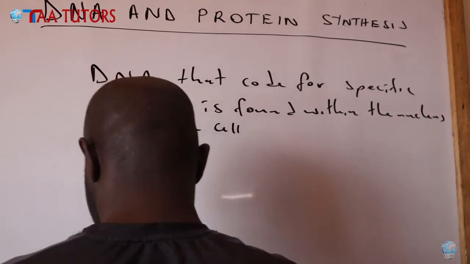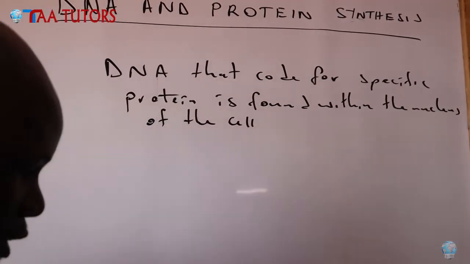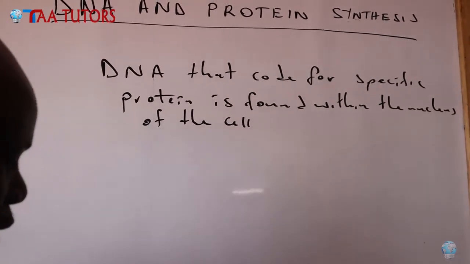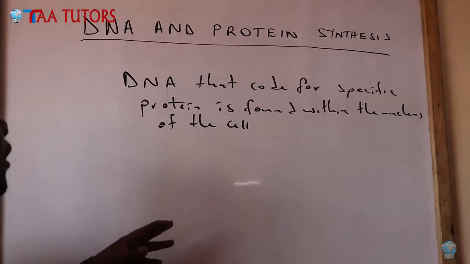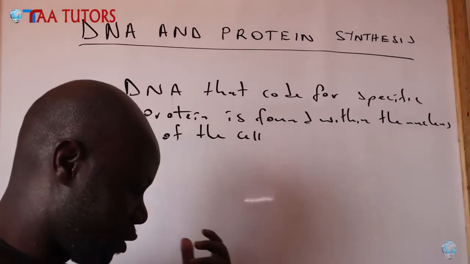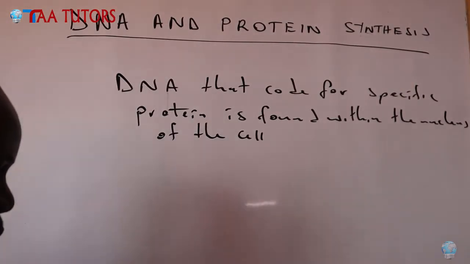This is one thing that we should understand, that the DNA that has the information about a specific or individual protein is actually found within the nucleus of every cell, giving us the information of how this particular thing can be produced.